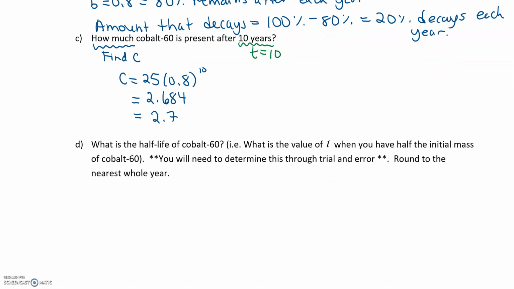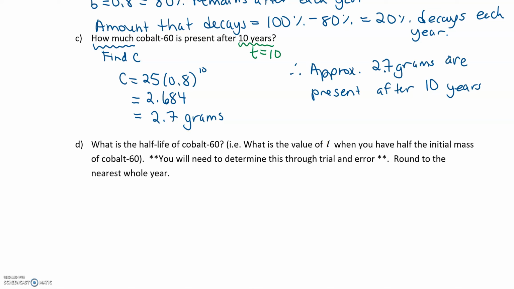We round our final answer to two significant figures, since the original amount of cobalt of 25 is given to two significant figures. Therefore, approximately 2.7 grams are present after 10 years. That means over the 10-year span, we went from 25 grams to 2.7 grams due to exponential decay.